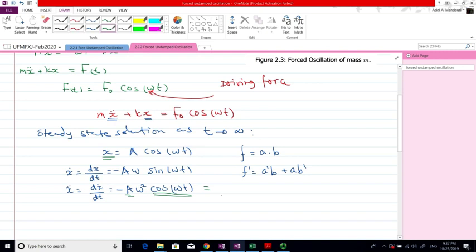So we can represent that by minus omega squared, which is the frequency of the driving force, multiplied by the displacement x. So we can use this as a substitution in this general equation of motion, right?